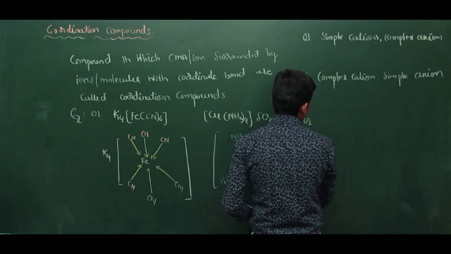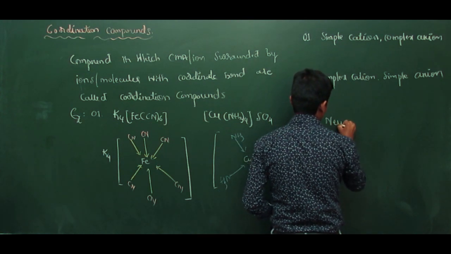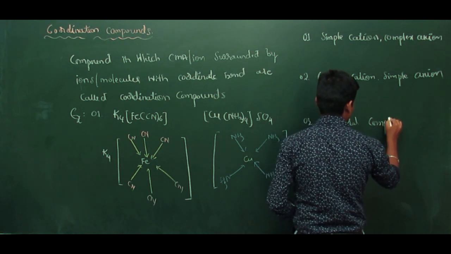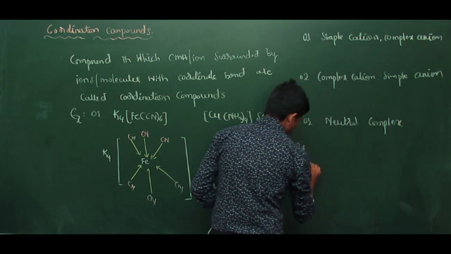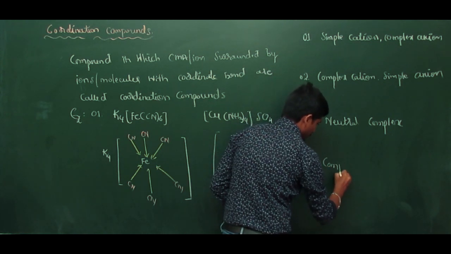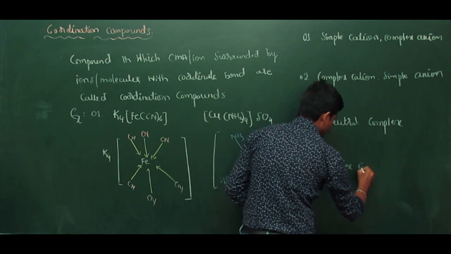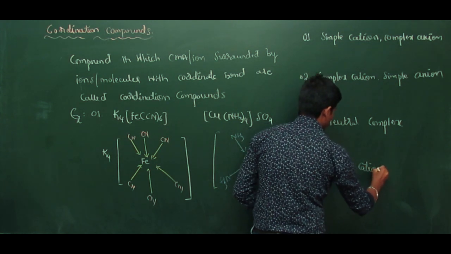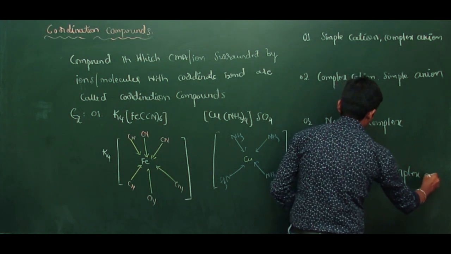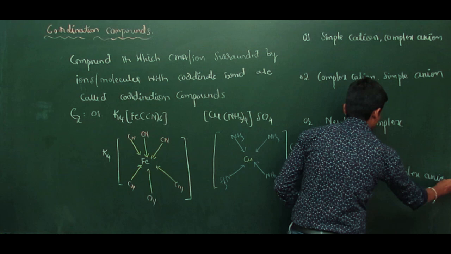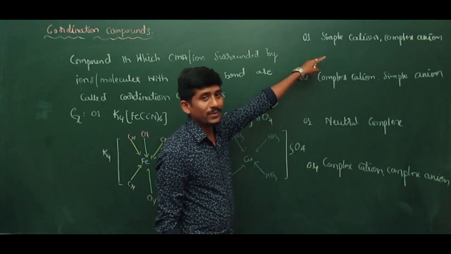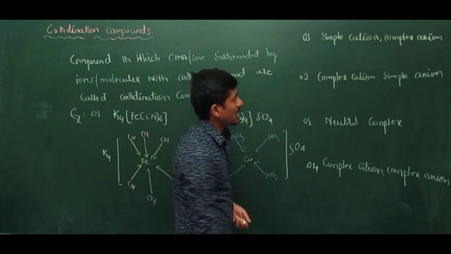Third one, neutral complex. Fourth one, complex cation complex anion. The example for simple cation as well as complex anion.